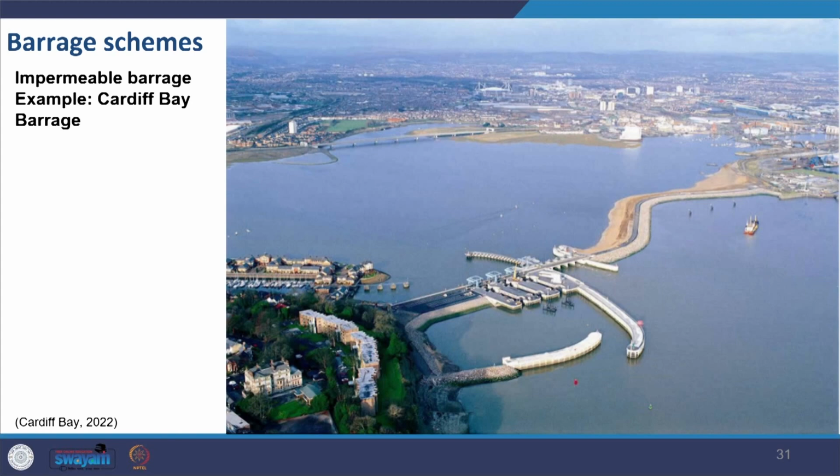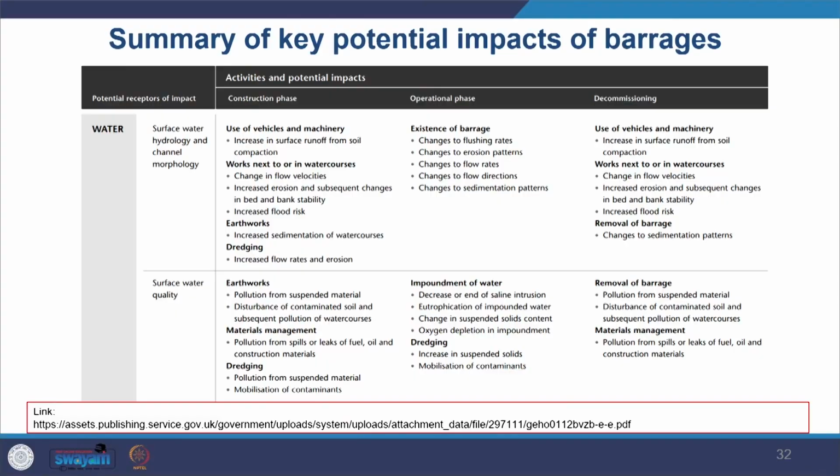You can see how the entire area is divided. Another document we see here from the UK government helps you look at the key potential impacts of barrage. I've given you the link here from where you can download this document.